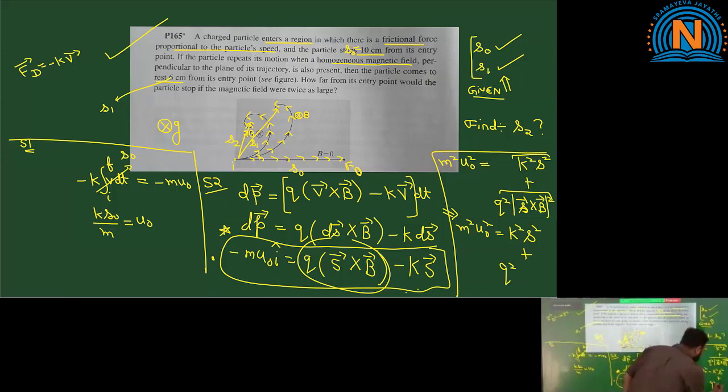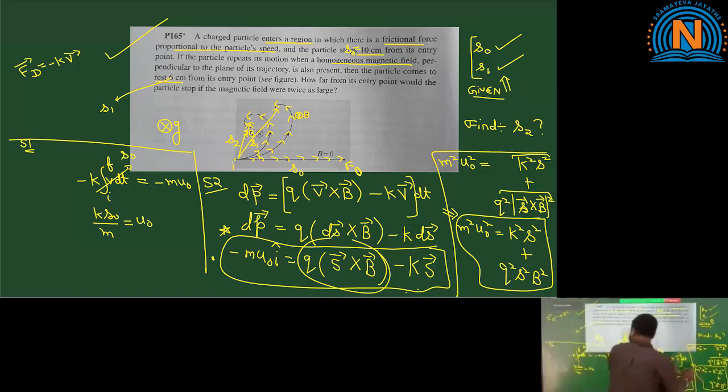So that is s square b square. And remember, whatever is my displacement vector, that is perpendicular to b. So I'll have that sine 90 term. This is my general equation now.